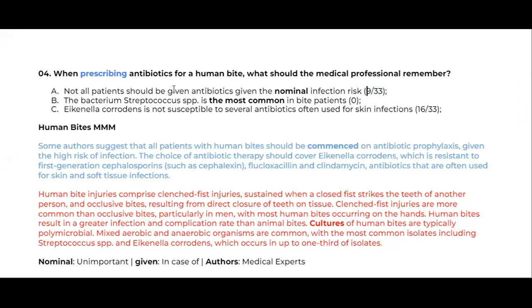Not all patients should be given antibiotics given the nominal infection risk. There is a problem here also. We have to eliminate this too. The reason is nominal infection. What is the meaning of nominal? Unimportant. Nominal means only for namesake, which I explained in a video yesterday.